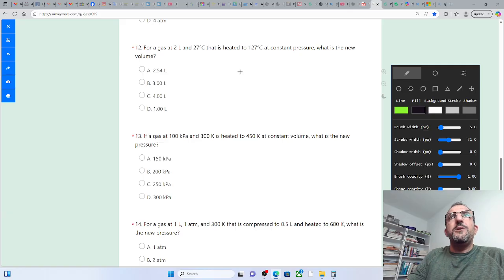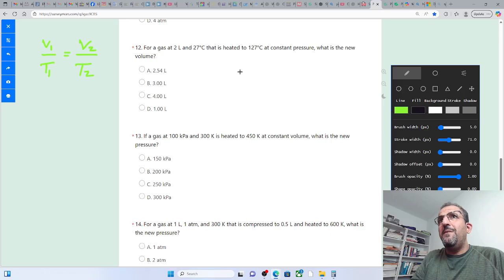So again, I will write the equation here. V1 over T1 is equal to V2 over T2, the relation between volume and temperature.